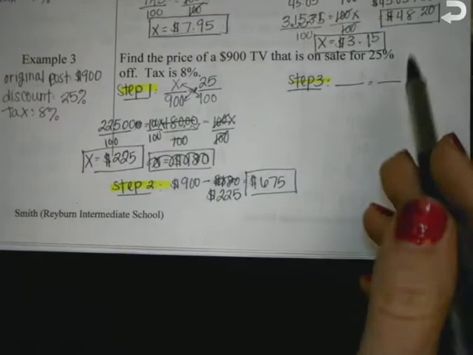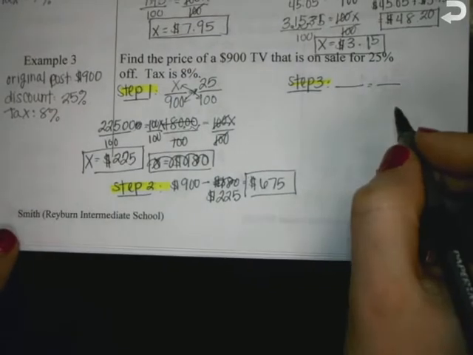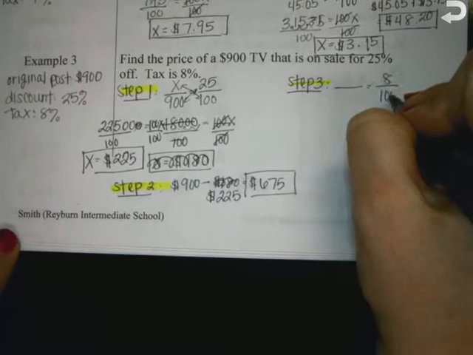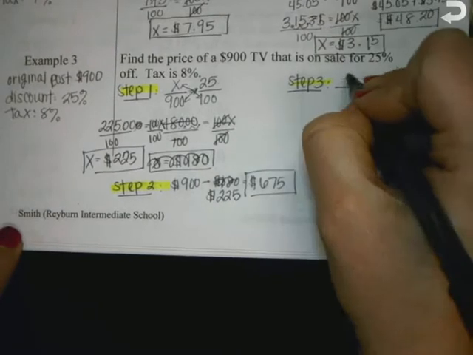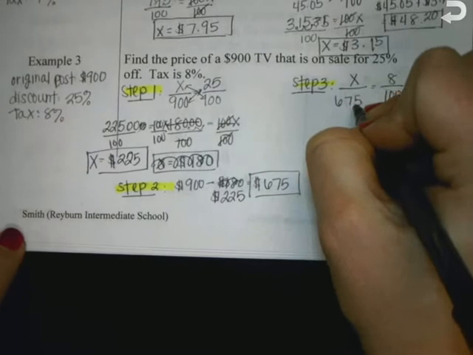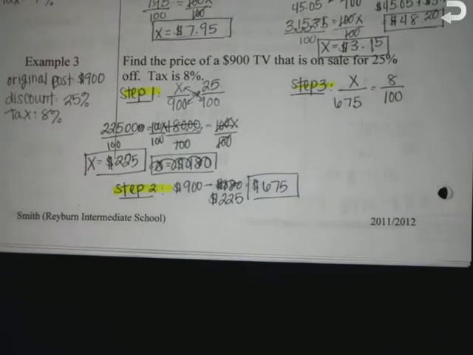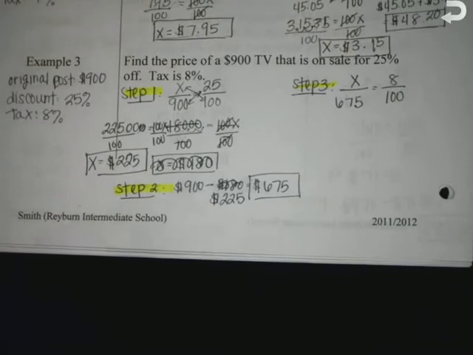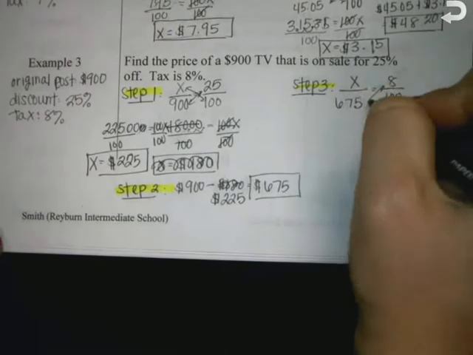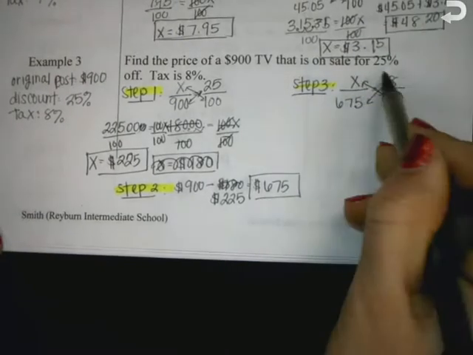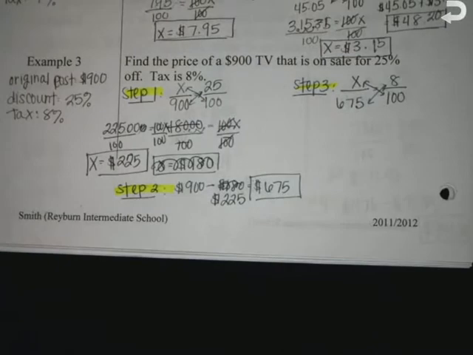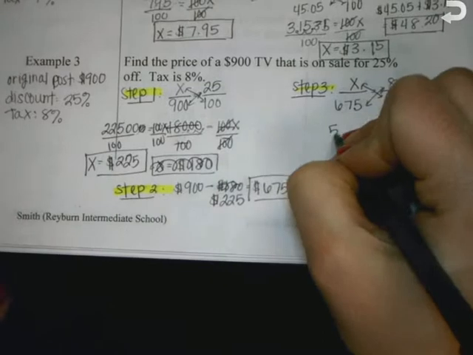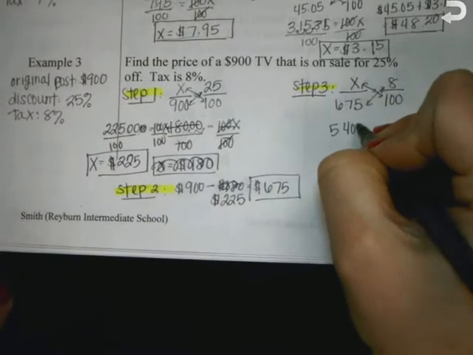What's my next step? Cross multiply. Okay, so 8 times 675, what does that give me? 5,400 equals 100x. We divide both sides by 100, which moves my decimal 2 spaces, so my tax was $54 even, yeah?